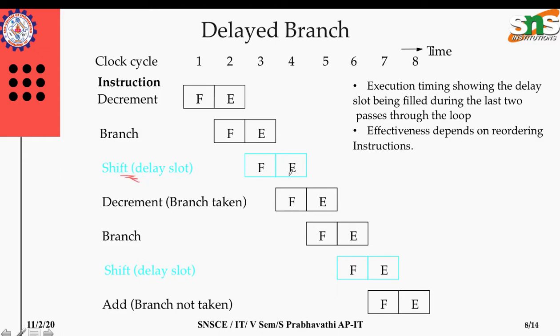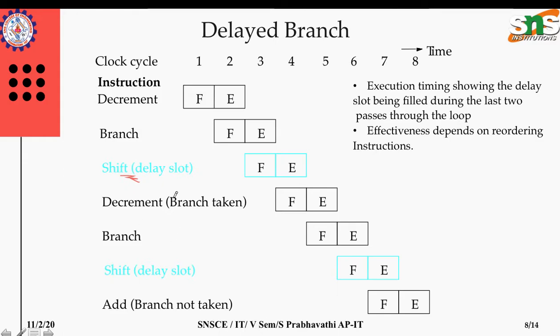So the shift instruction happens. Okay, and if it runs for two passes or two loops, what will happen? At the second loop, if we need to decrement two times, then after executing the second time, the branch will fail, is it not?